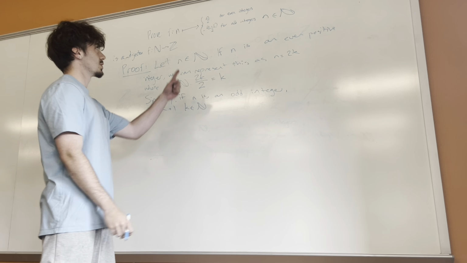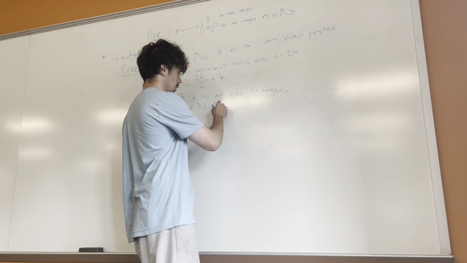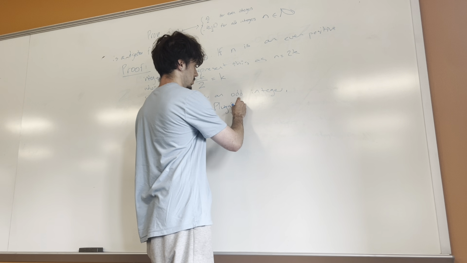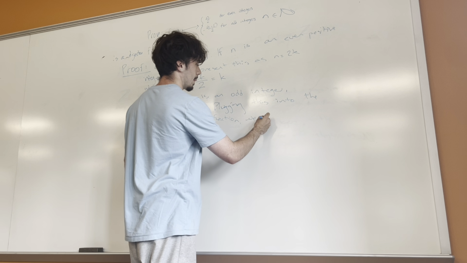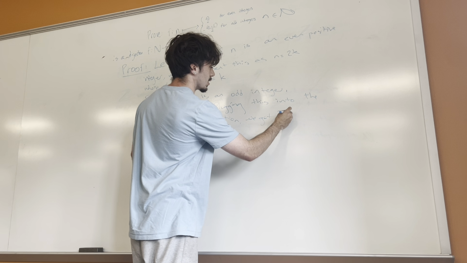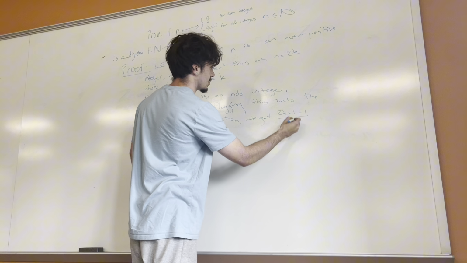And we're going to plug this into the second part of our function here. Plugging this into the second part of our function, we get 2k plus 1 minus 1 over 2 with the negative sign in front.